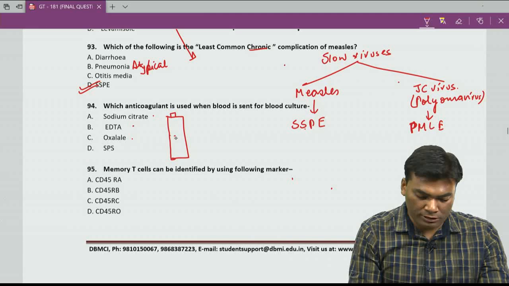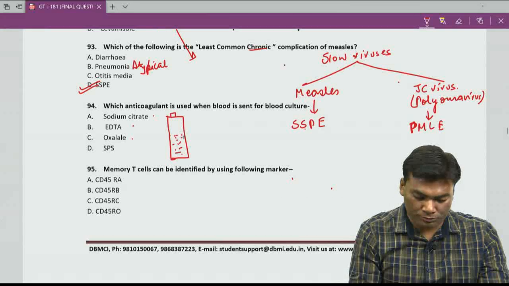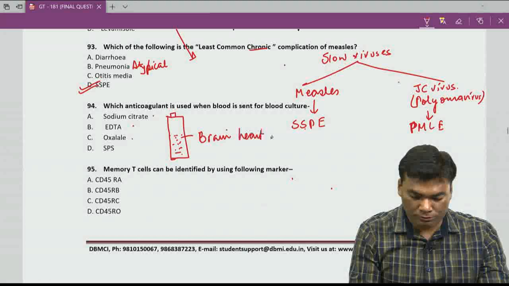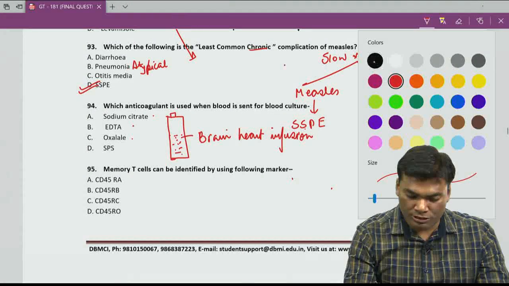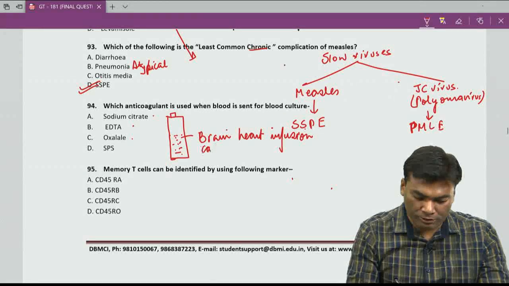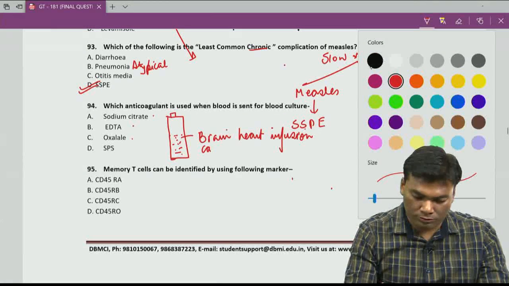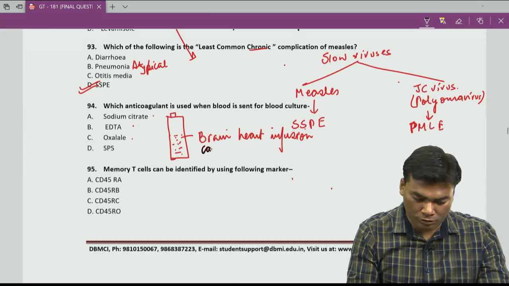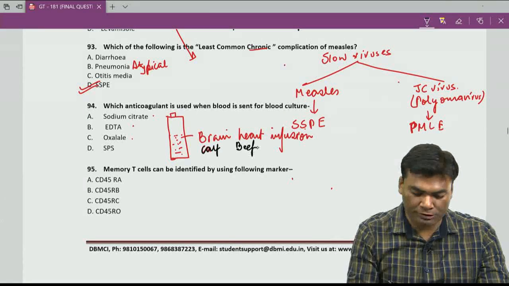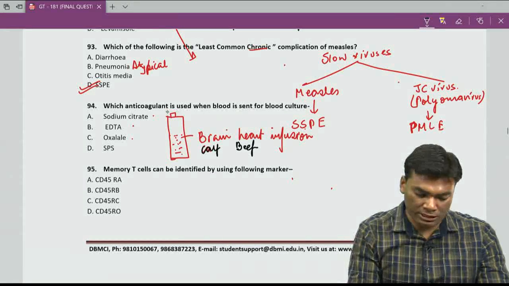This blood culture bottle has a liquid media, known as brain heart infusion, right? So what is there in this? We have calf brain and beef heart present in this medium.